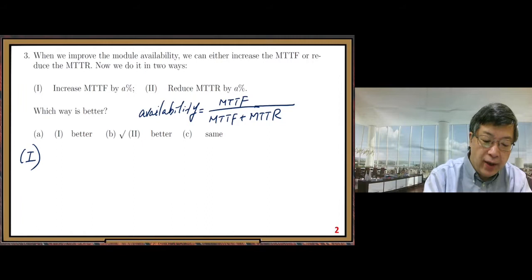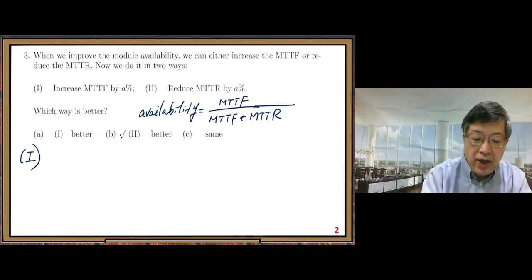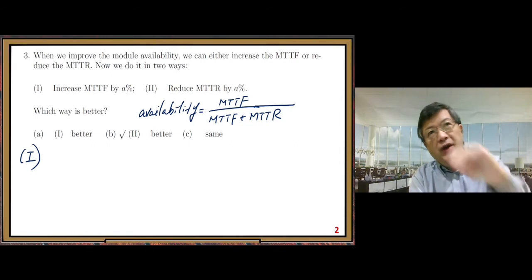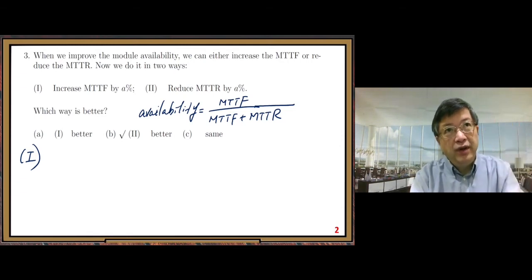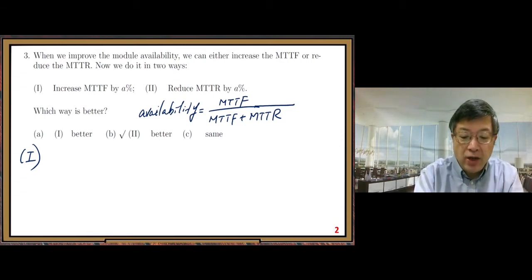Then we look at the two ways. The first way, increase MTTF by 8%. Here, I like to drop the percent sign, for convenience. But before we drop, we know that the percentage number A should be between 0 and 100.